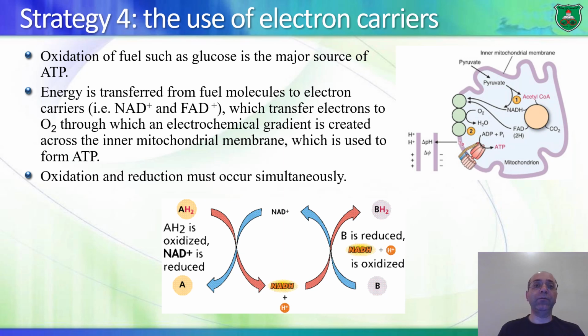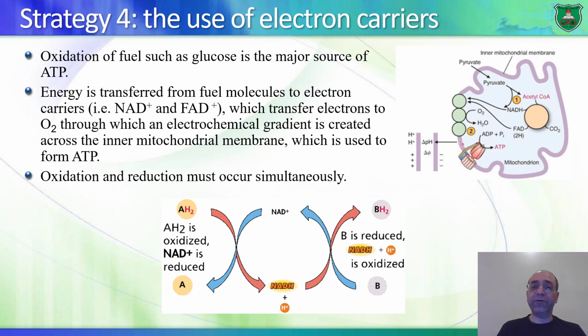They break down large molecules, including glucose, for example, which is used as a fuel for generating energy and producing ATP. Now, this energy can be produced by oxidizing molecules, taking electrons from glucose and fatty acids as well, to electron carriers.